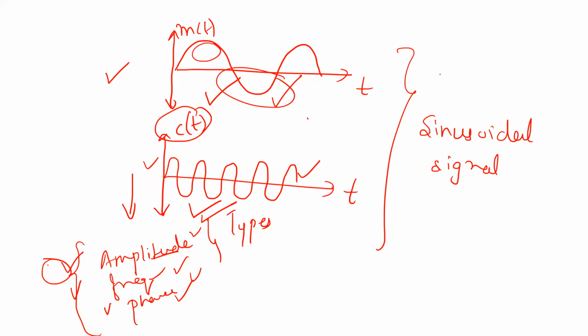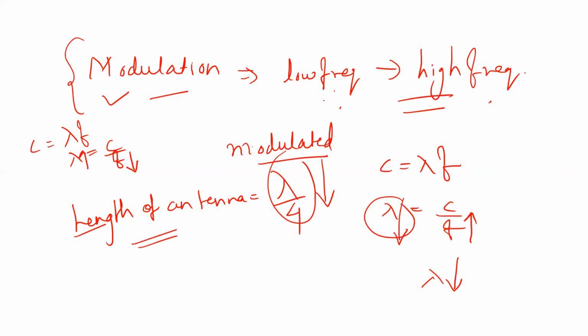The carrier can be a sinusoidal, a cosine, or different kinds of waves, but the concept is that the carrier signal will always vary in amplitude or frequency or phase with respect to the message signal. Modulation also involves the conversion of lower frequency to higher frequency, a very layman definition.